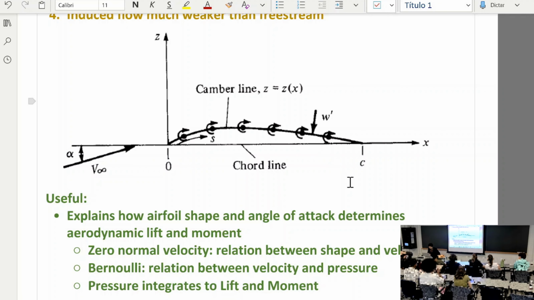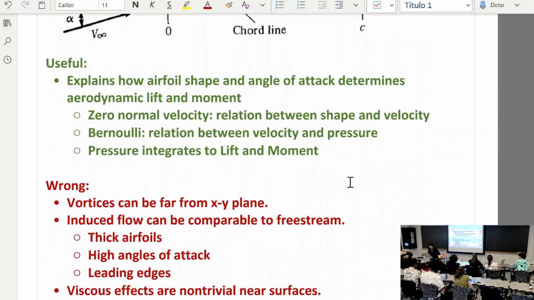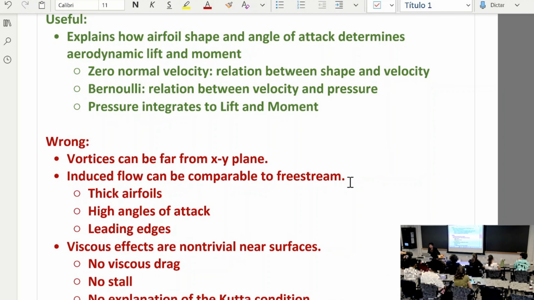Now, before going into thin airfoil theory, let me just tell you in what ways it's wrong. First of all, the vortices can be far from the XY plane if your airfoil is not exactly flat. And the induced flow is not going to be exactly tiny compared to free stream, especially in 3 scenarios.